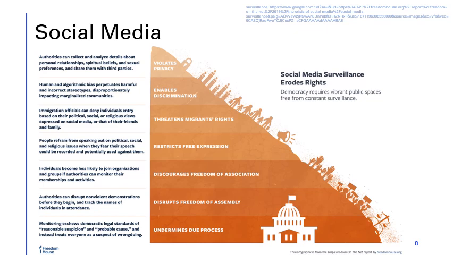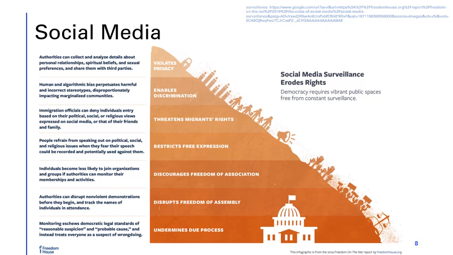If people know that they're constantly being watched over, it may suppress the way that they want to express themselves, discourages freedom of association, being less likely to join organizations or groups of people due to negative thoughts, or if you know that these people have a bad reputation, they may be being watched and you may not want to go and join them.